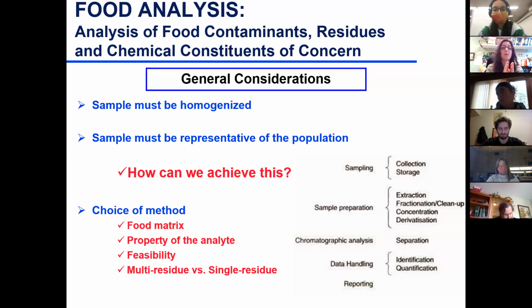The whole method is targeting one component. Multi-residue, if you know you have pesticides that are similar in molecular structure and you can analyze them just to know if they're there and how much they're there to determine their quantity, basically you can do a multi-residue analysis.